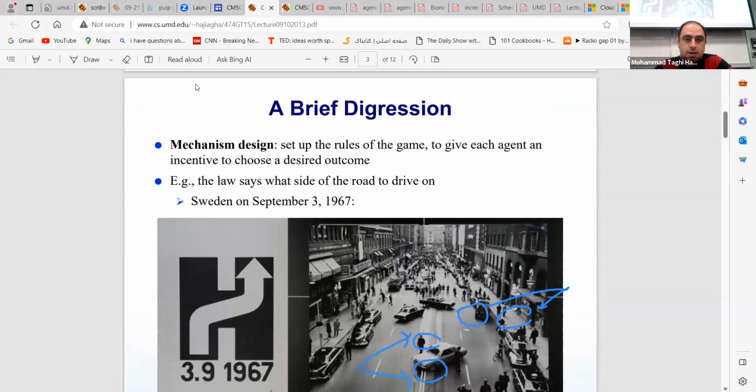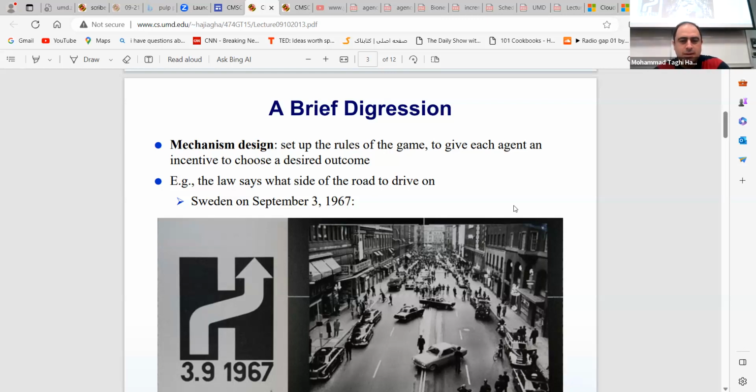So that was actually interesting. Something related to this actually happened in Sweden on September 3, 1967, almost at midnight. Everyone was supposed to drive on the left side of the road, and they changed the rule to make it the right side of the road.